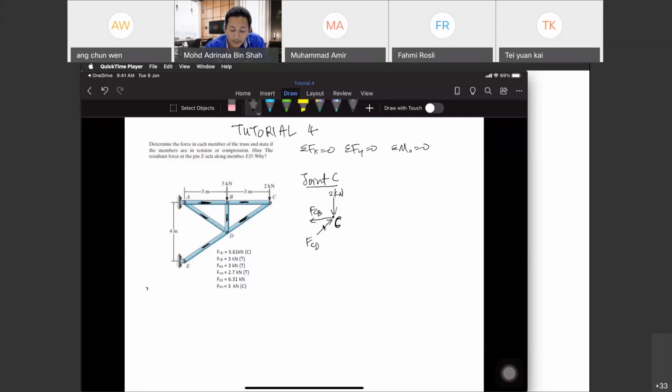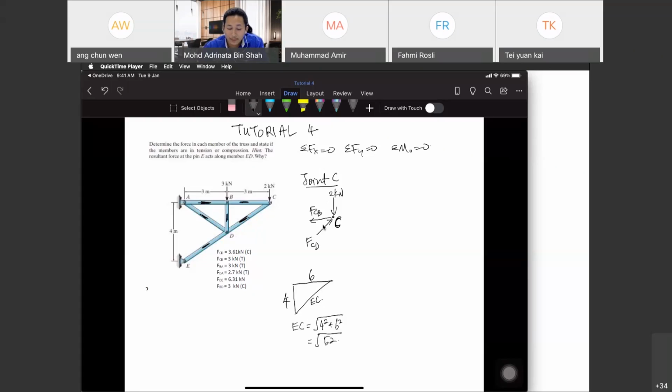Look at the FCD. We have the triangle, this is 4 meter, this is 6 meter. So EC is equal to the square root of 4 squared plus 6 squared, 52.